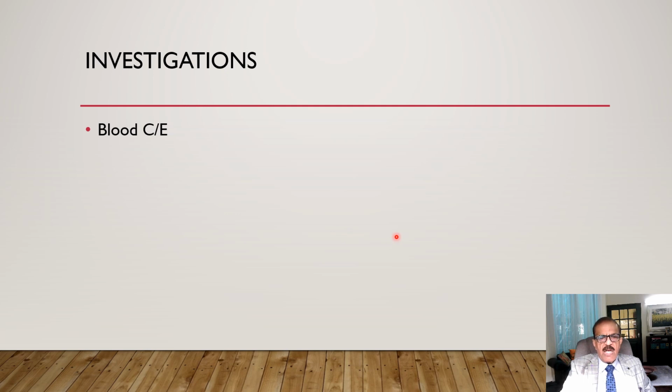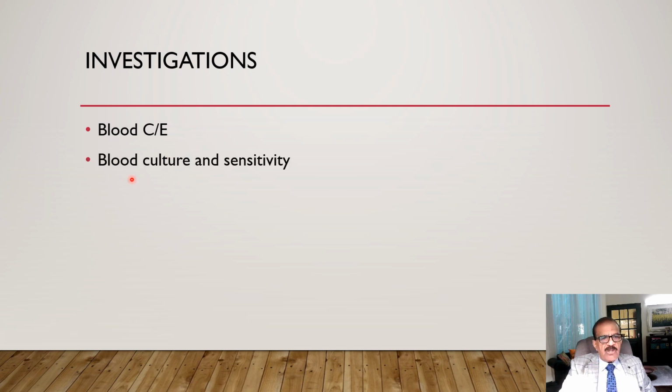Investigation: initially, if patient is having dry cough, then the only sample we can expect to give us the etiological diagnosis is the blood culture. So blood can be drawn and sent to the laboratory. Make sure patient is not started on antibiotic before you send blood culture.